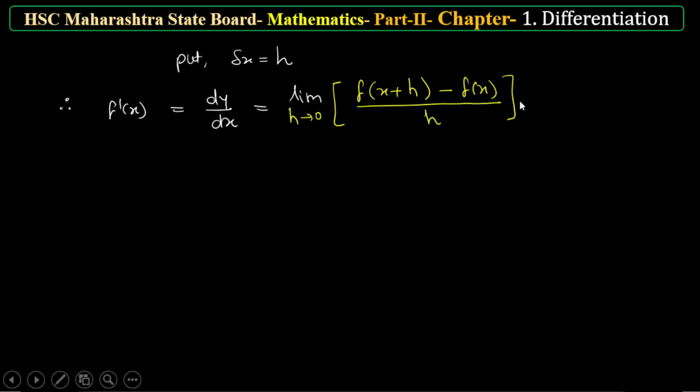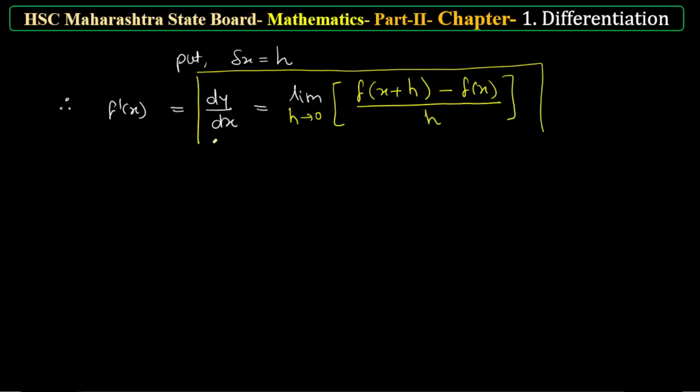This is the second notation of f dash of x, the derivative of the function with respect to x. It is also called the first principle formula for finding the derivative.